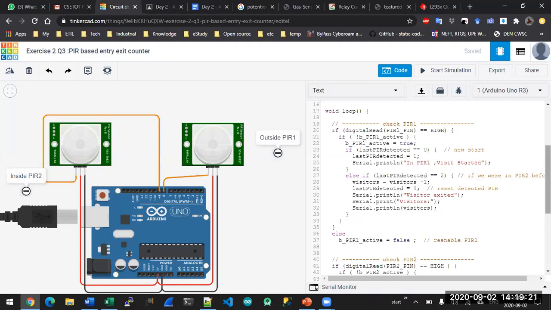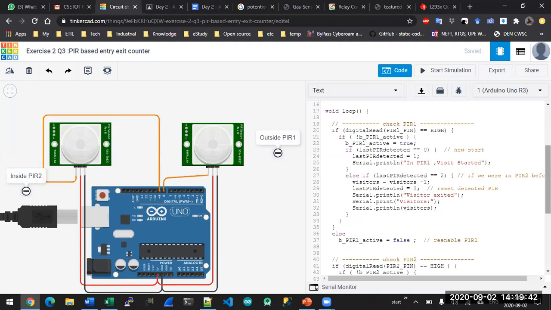So first is the check for the PIR1 sensor, which is the outside sensor. We are checking if digitalRead(PIR1 pin) is equal to HIGH. That means the sensor has started detecting someone entering the room. Then we are checking if PIR1 was previously active or not.